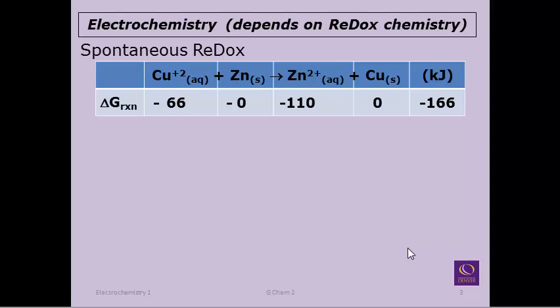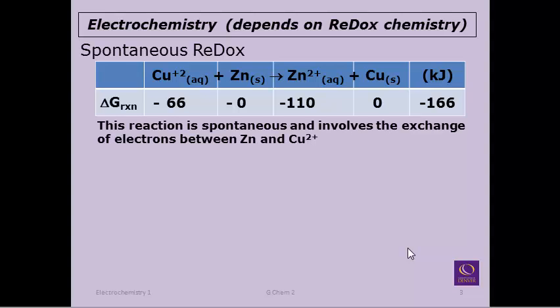Remember that standard conditions means the concentration of the solutions was 1 molar and it's at 298 K. At those conditions, this reaction would have minus 166 kilojoules per mole that could be harvested from it. And the fact that it's a negative sign means it's a spontaneous reaction.